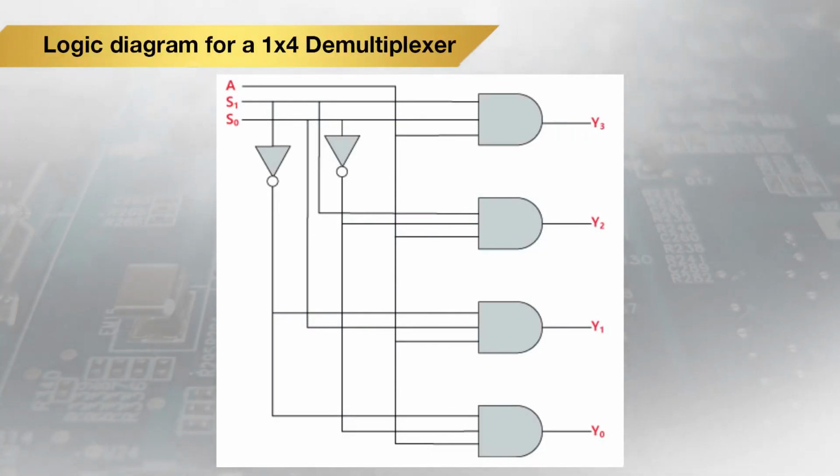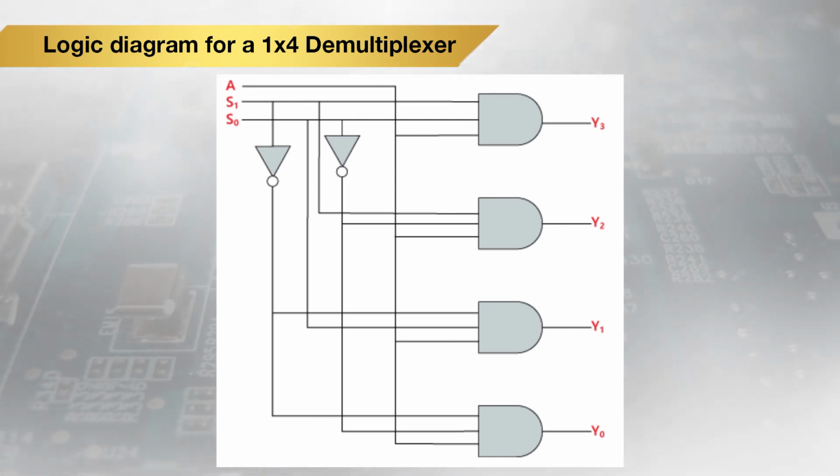This shows the logic circuit for the expression which we have discussed for a 1x4 demultiplexer. Here the selection line combinations along with the input A are provided at the input of the AND gates.